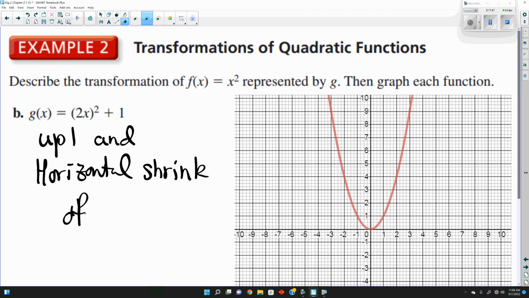Because we flip it. Because if we think back to when we did horizontal stretch and shrink and we applied it, we had to flip the number when we plugged it in. We got to flip it back when it comes out of the function. Or we can put 1 over that amount.